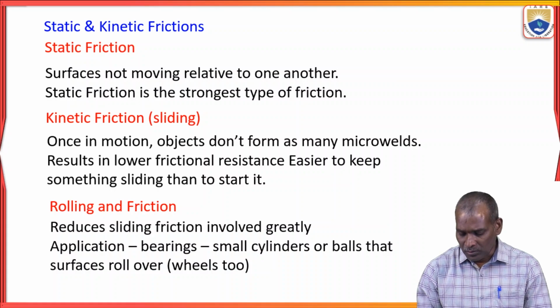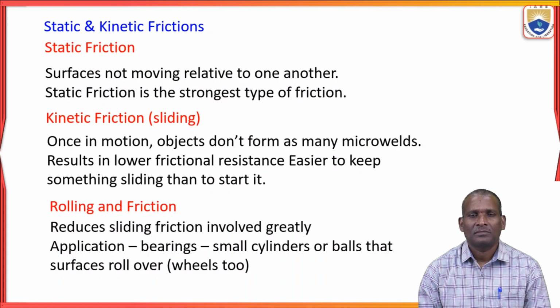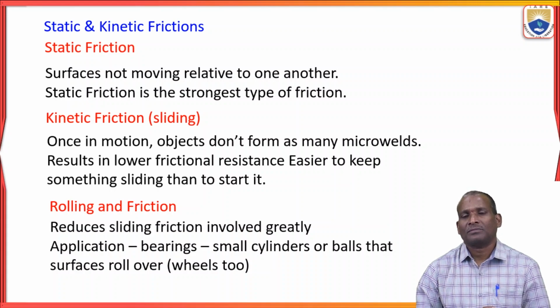Before discussing these types of friction, you should know the static and kinetic frictions. You already know static friction means the two surfaces are not in a moving condition, and it has the highest friction value, so the surfaces do not move relative to one another.